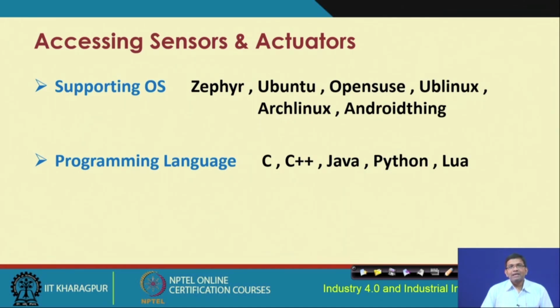The different programming languages that are used for applications of smart sensing and actuation are C, C++, Python, Java, Lua, and many other languages are also coming up in recent years for use in smart sensing and actuation environments and programming those environments.